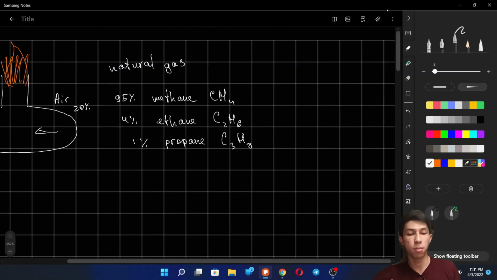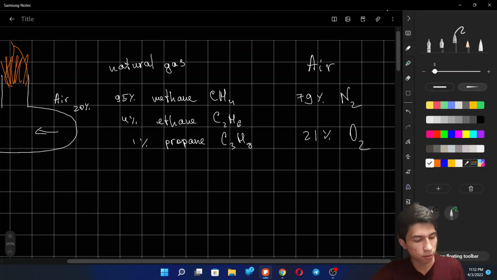And we're burning it in air, and the air consists of 79 mole percent nitrogen and 21% oxygen. The actual mole percents are more like 78 and 21, with 1% argon, but we're not taking that into account now, to make our problem much easier.